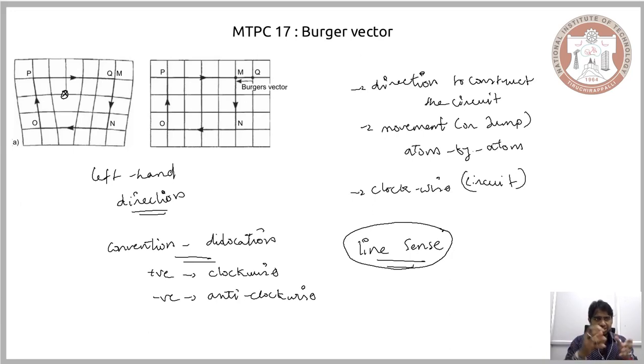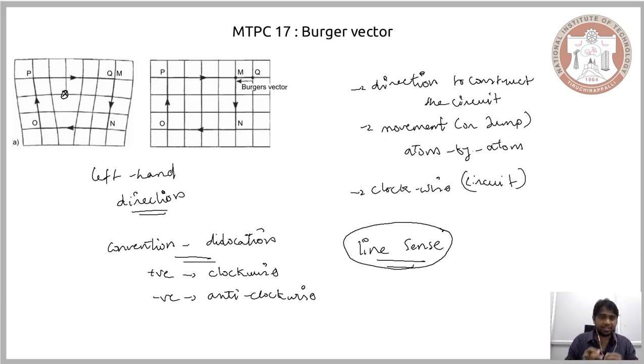Now it is again important to note that this depends on the direction of the Burgers vector. Supposing for the same system we consider the left hand convention for constructing the Burgers circuit, and for the same system we reconstruct the Burgers circuit using the right hand convention, then this line sense will not work, and the direction of the Burgers vector will not be able to identify if it represents the convention or the difference in the nature of the edge dislocation.